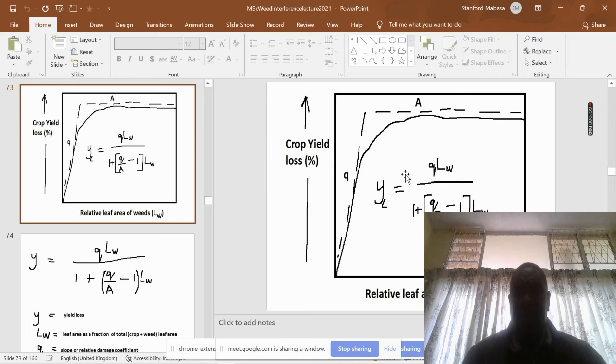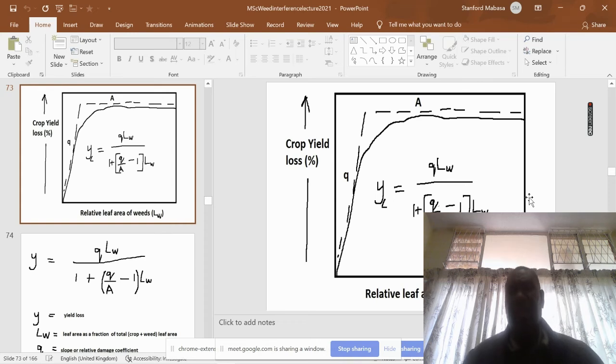And then even this may change, the approach in estimating yield loss. Yield loss becomes now Q multiplied by LW, which is relative leaf area, divided by 1 plus, in brackets, Q over A minus 1, in brackets, multiplied by LW.